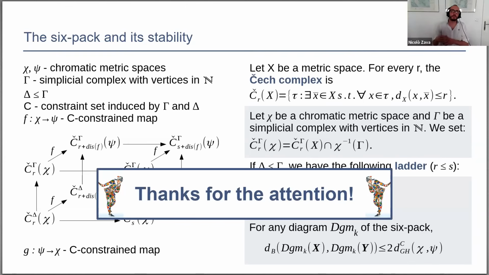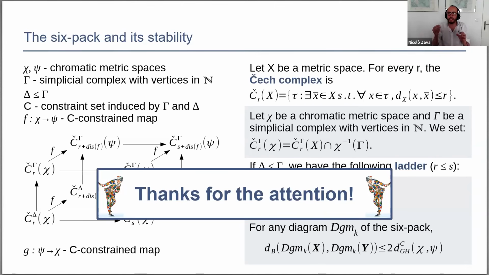Basically, let's work with the normal Hausdorff distance in a less nice way. There are different formulations for the Hausdorff distance, but in a nutshell, for every point in the first space X, you find a point in Y close by, and the other way around.